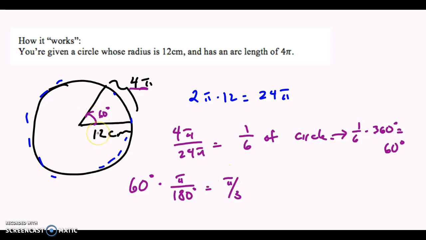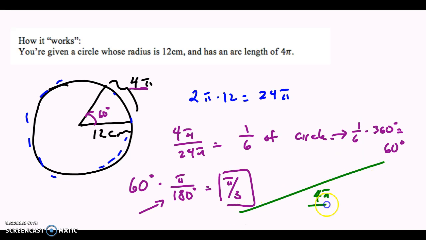So 60 degrees and pi over 3 are the same measurement. I'll show you this formula in a little bit. Interestingly, I could have bypassed all this work and just taken the arc length 4 pi and divided it by the radius, 12. That also simplifies to pi over 3.